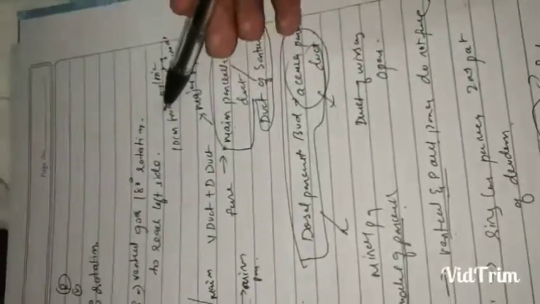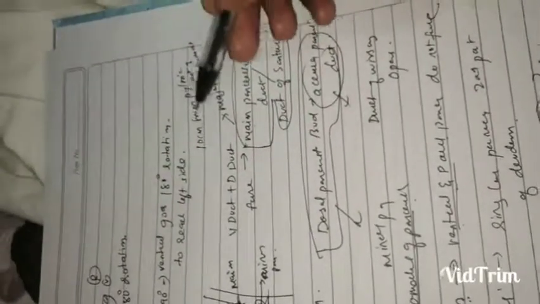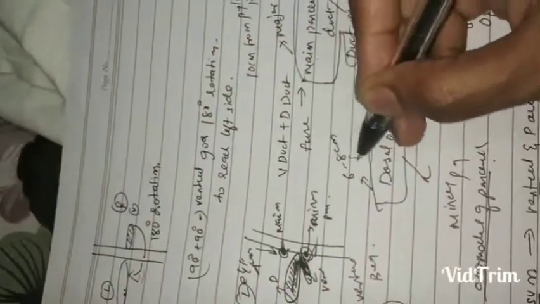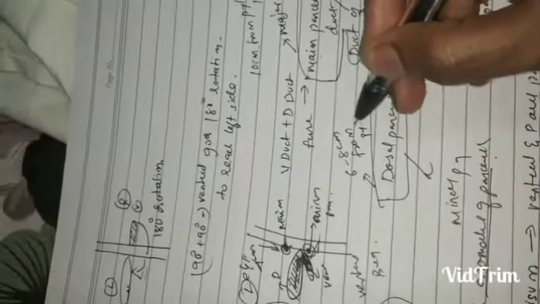This main pancreatic duct opens some 10 centimeters from the pyloric part of the stomach, and this accessory pancreatic duct opens some 6 to 8 centimeters from pyloric part of stomach.